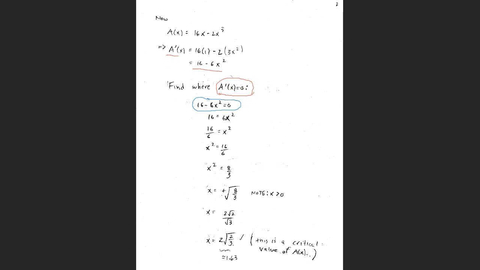Okay, so it turns out that x will equal 2 times the square root of 2/3. That is a critical value of our area function. I put down the approximation: 2 times the square root of 2/3 is approximately 1.63.